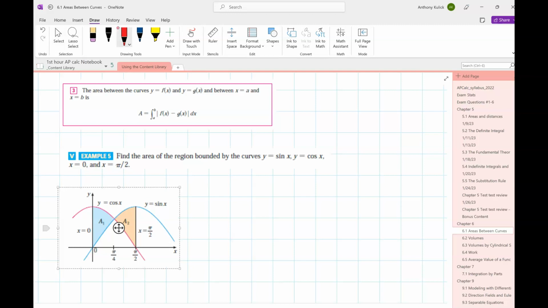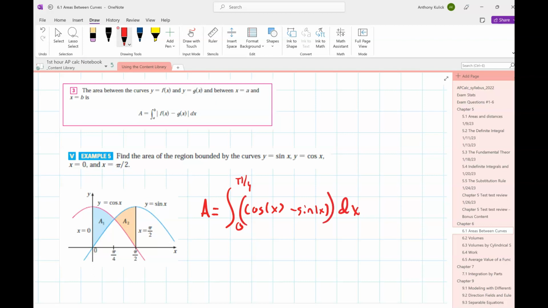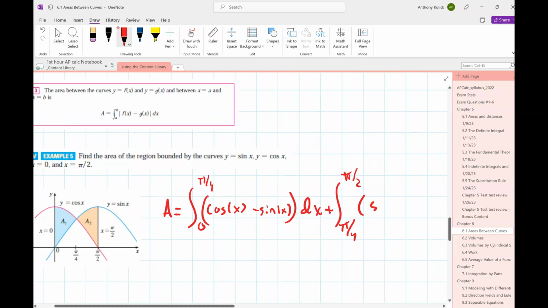But then from pi over 4 to pi over 2, sine is on top. So that area is just going to equal the integral from 0 to pi over 4 of cosine x minus sine x dx plus the integral from pi over 4 to pi over 2. On that interval, sine is on top, so we'll do sine x minus cos x.